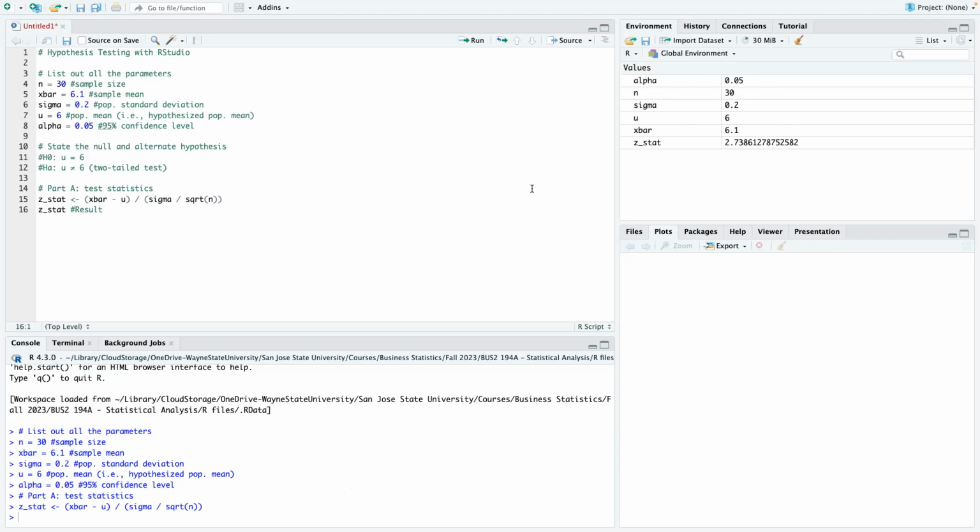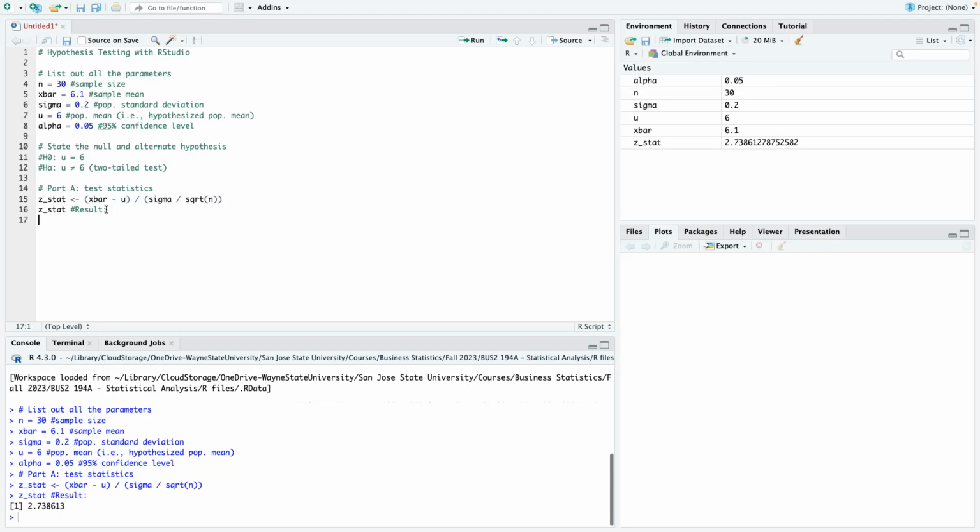And now you can see my Z stat as well, using the equation I have in line number 15. My result comes out to be 2.74 if we round to 2 decimal places, right? So that's my result. Now we want to compute the p-value.